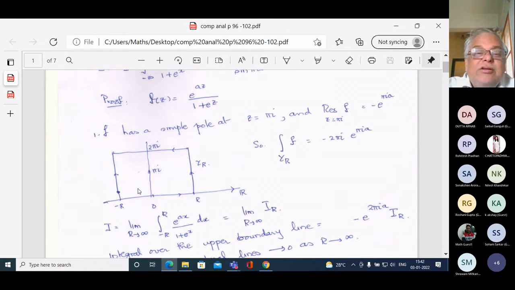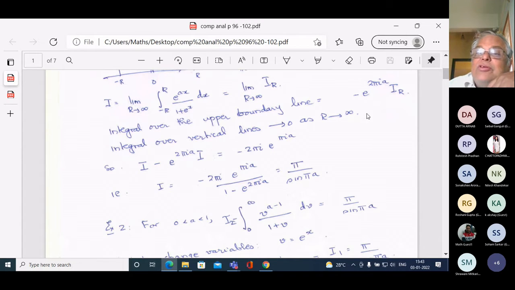The integrals over those vertical lines tend to 0, which you have to prove. The integral over that horizontal line from right to left is minus the integral from left to right, and the integral from left to right is the same as the original integral that we had.